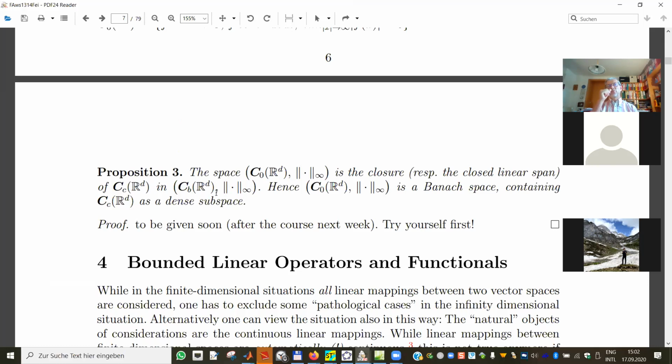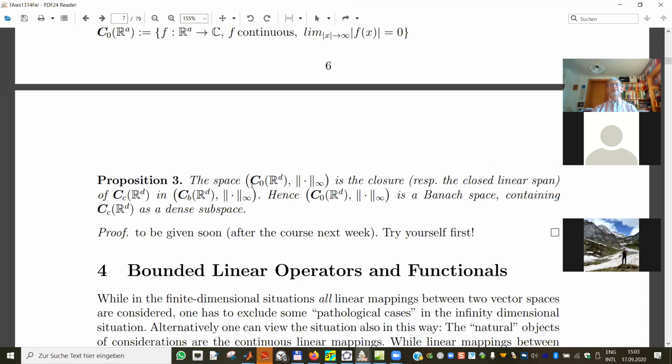I will give the formal definition. And then we have a number of statements. For example, we will show that C0 is a Banach space. So I will try to explain the abstract concept of a Banach space by mostly discussing properties of this. It's even a nice space with respect to an algebra, with respect to multiplication.